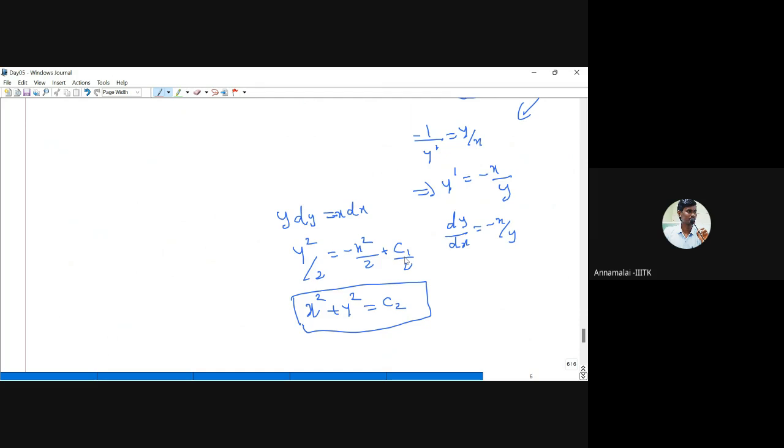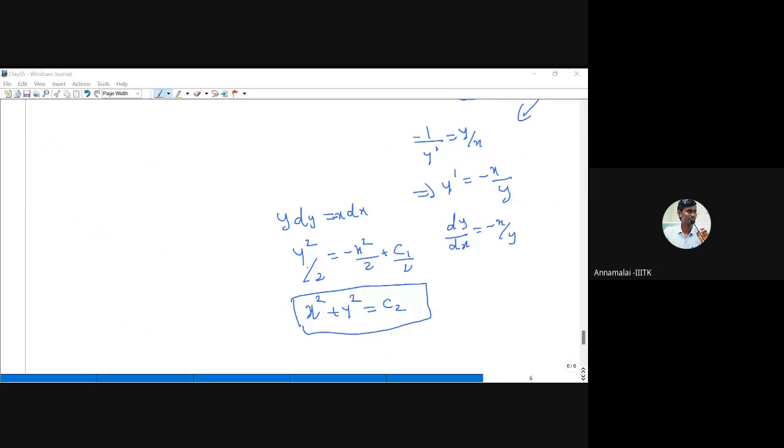Okay, maybe I can find some problem on orthogonal trajectories. Maybe I found one from some net. Okay, please write. Find the orthogonal trajectories of y equal to c by x. And what is the thing?